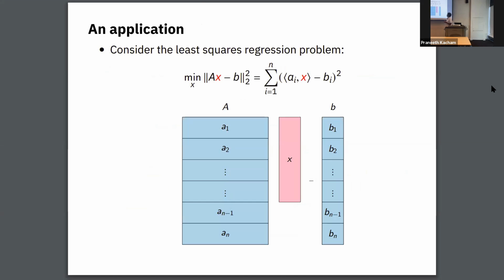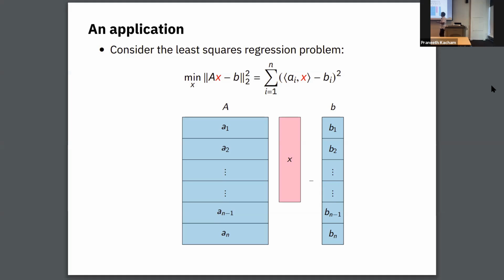Okay, so here is an application. Say we have the general least squares regression problem. We are given n observations a1 through an and corresponding values b1 through bn, and you want to find a vector x that fits these observations the best in this particular error. That is, you want to find a vector x such that the sum over all n observations of (inner product of ai with x, minus bi) squared is minimized.